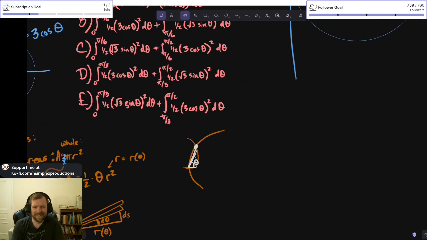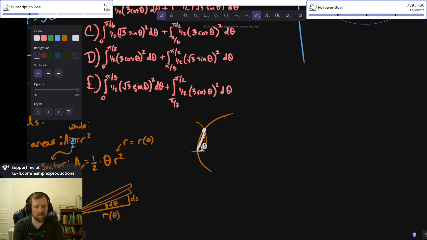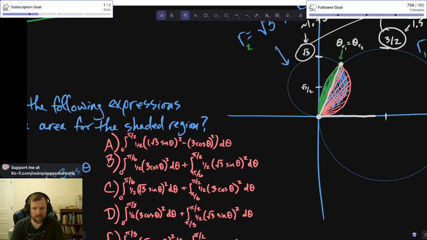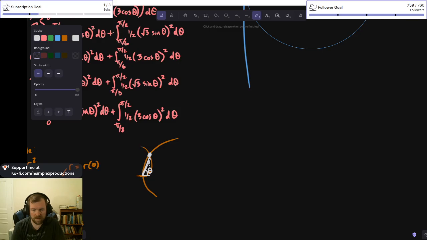Okay. So that pi over 3 is going to be where we want to break. So we're going to be taking the integral of the smaller circle, which is root 3 sine of theta. Integral from 0 to pi over 3 of root 3 sine of theta.